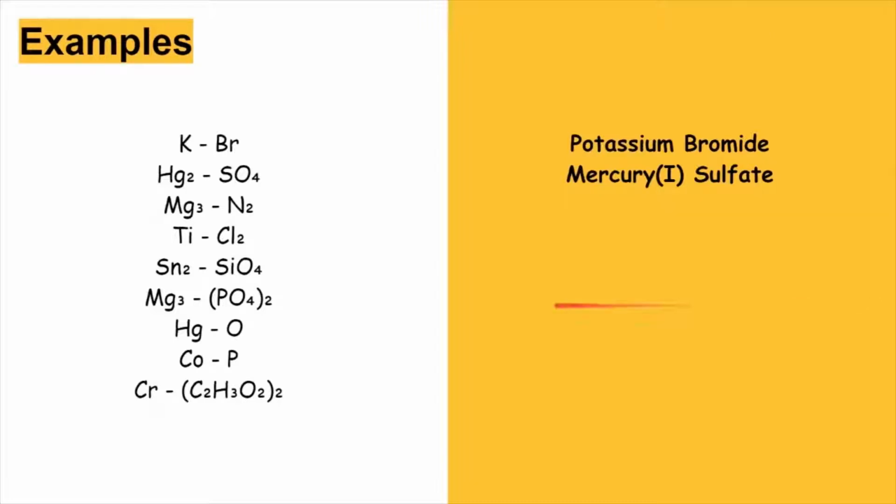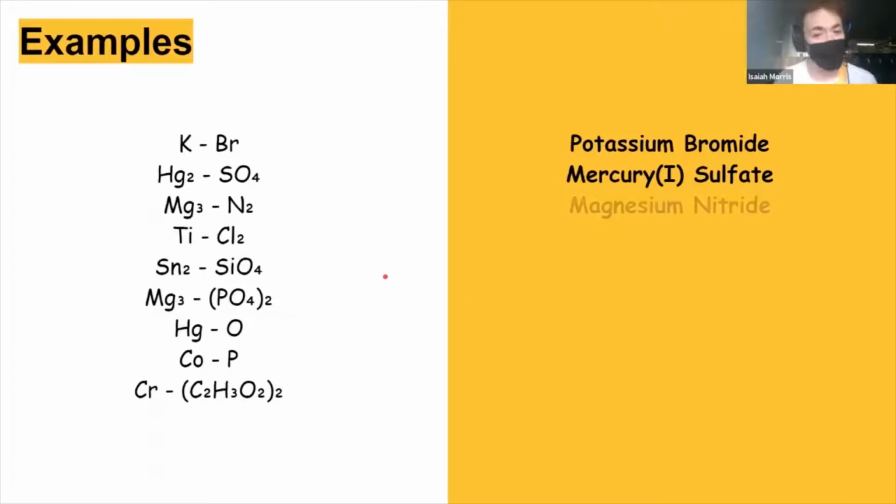There you go. Nice job. Yes, magnesium nitride is correct. Nice job, Haley. You had that first metal, that magnesium, right? We identified that was the cation. And we had that anion, the nitrogen. You add that suffix of "ide," and there you go, magnesium nitride. Let's move on to this fourth example.